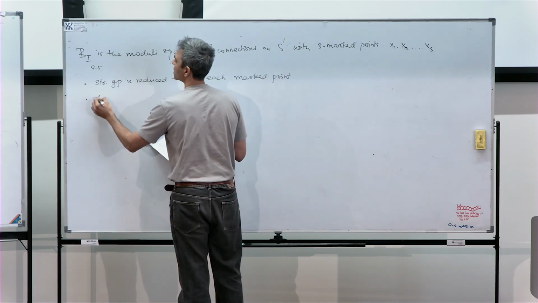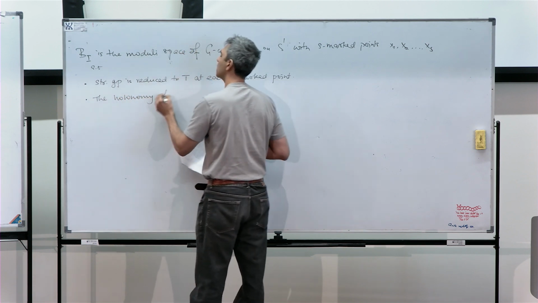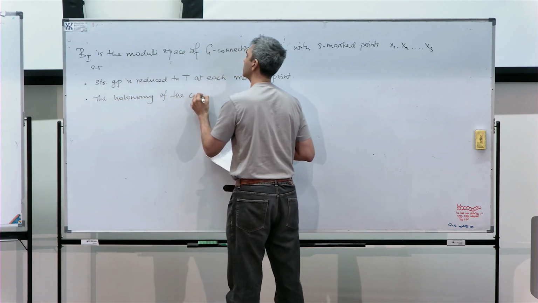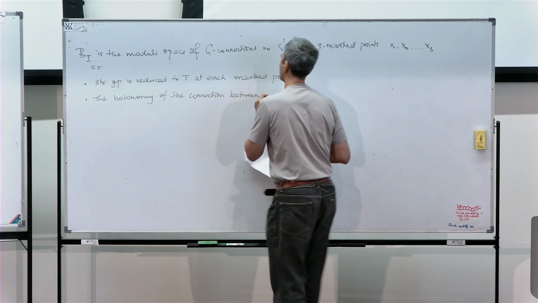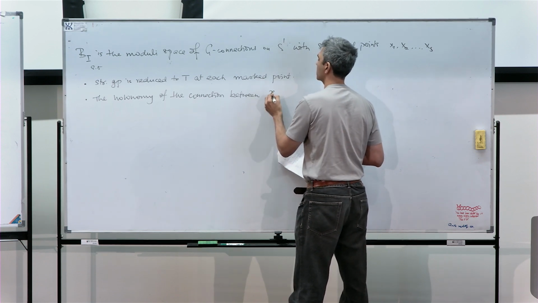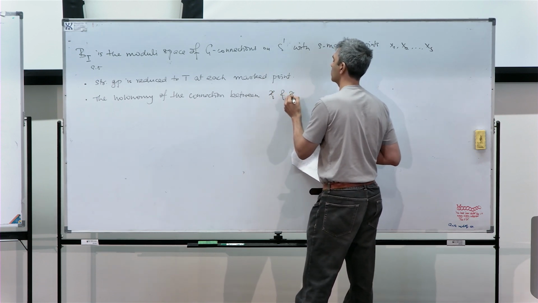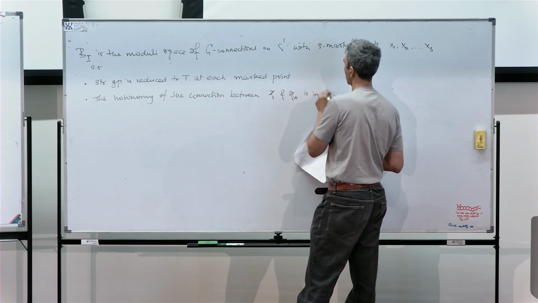The holonomy of the connection between X sub I and X sub I plus 1 is in G sub I.